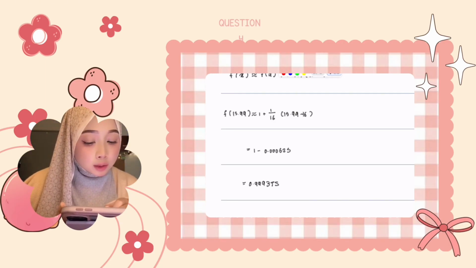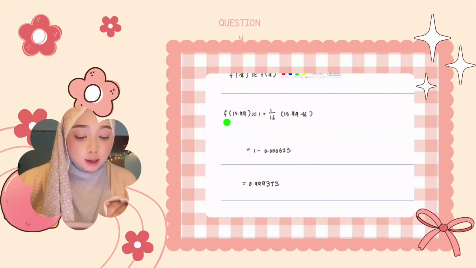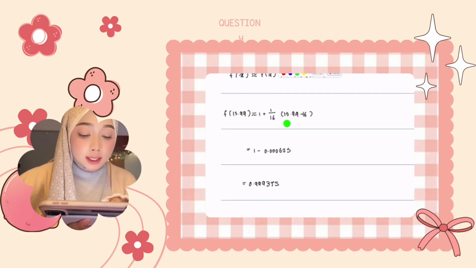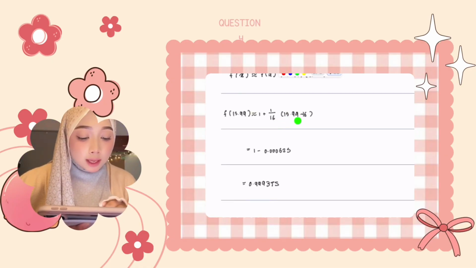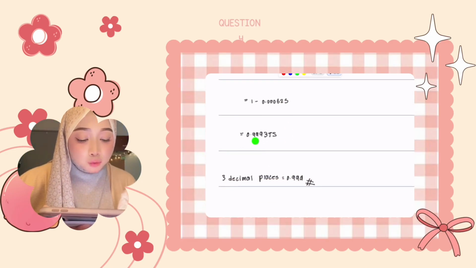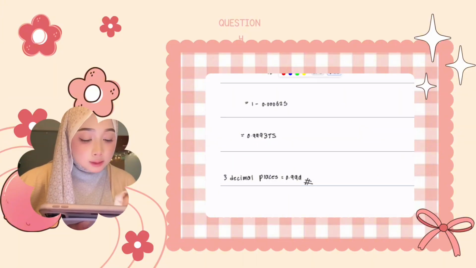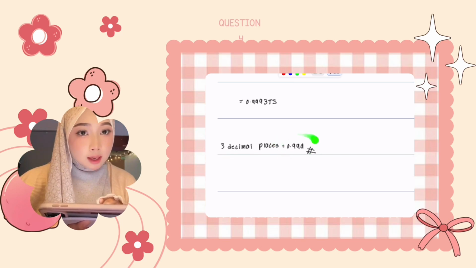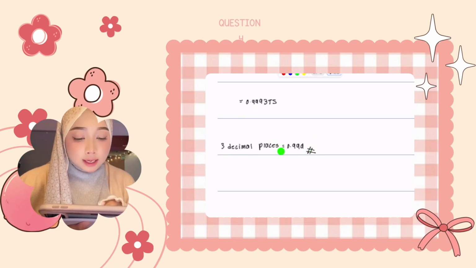Then we will substitute: f(5099) approximately equal to 1 plus 1/16 (5099 minus 16), and we will get 1 minus 0.000625, and we will get the answer 0.999375. Since we want it in 3 decimal places, the final answer we will get is 0.999. So that is the final answer.